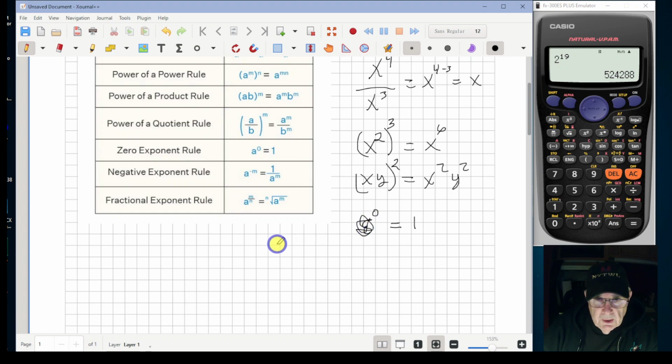Notice I said other than 0. 0 raised to the 0 power is not 1. That's the exception. Otherwise we'd have 0 equaling 1, and that would throw our whole math system into a bunch of hoopla, I guess.